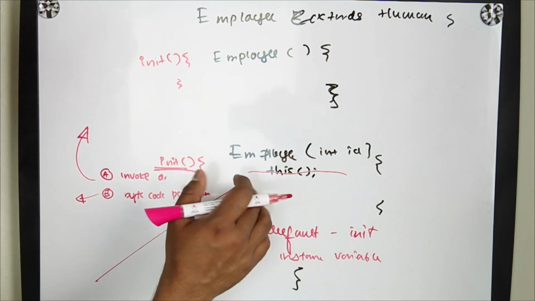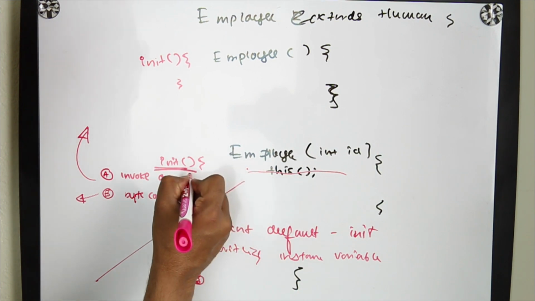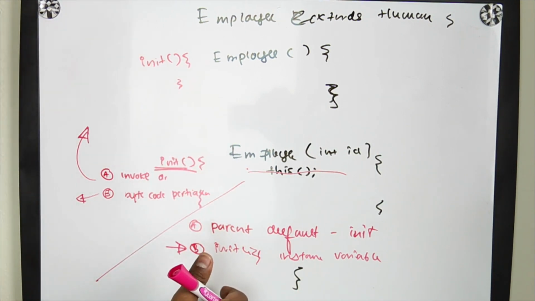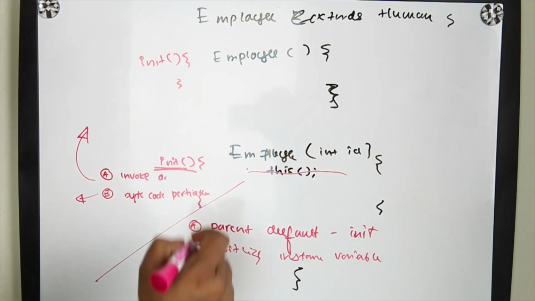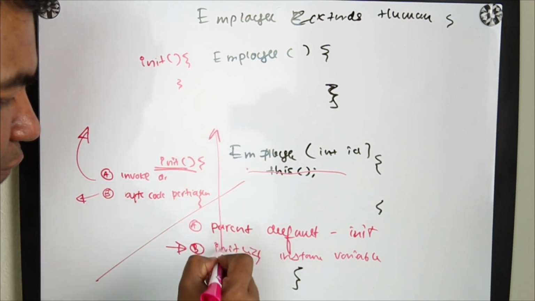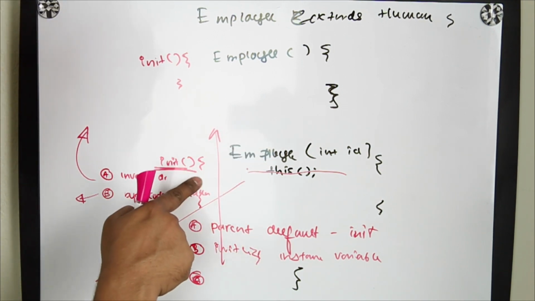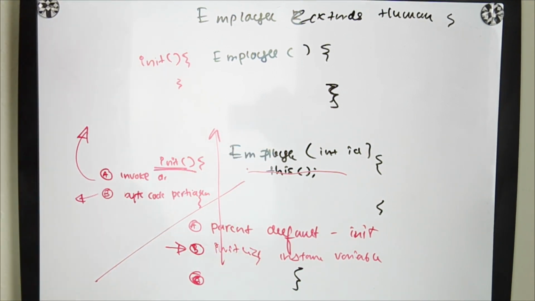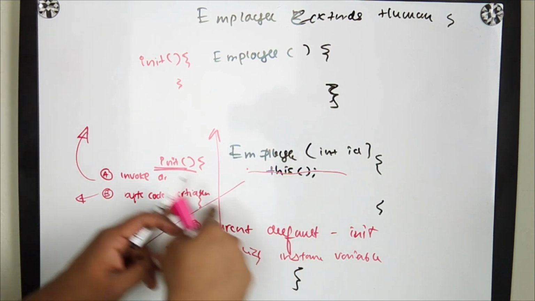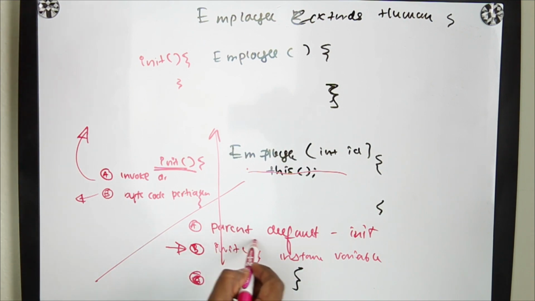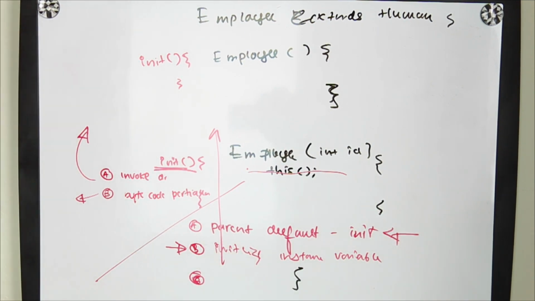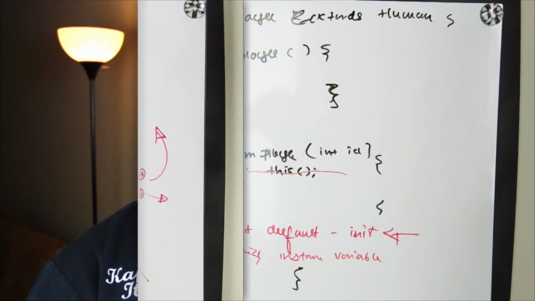So from the Employee class itself, when the compiler creates this class file, I promise to explain the class file in a later video, at compile time it creates a reference to the parent class. If you have the this keyword, it will create a reference to this, and from here to the parent class. If not, it directly calls the parent class init method.